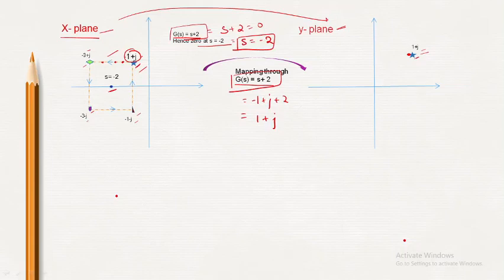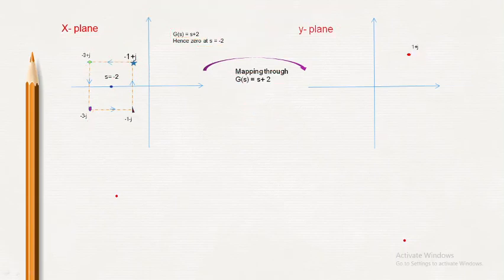But as you know, this is pretty simple. This is a square, so I'm just mapping the boundaries, and then I'll join those to get the other contour. So the second point that I'll be mapping now is -3 plus j.